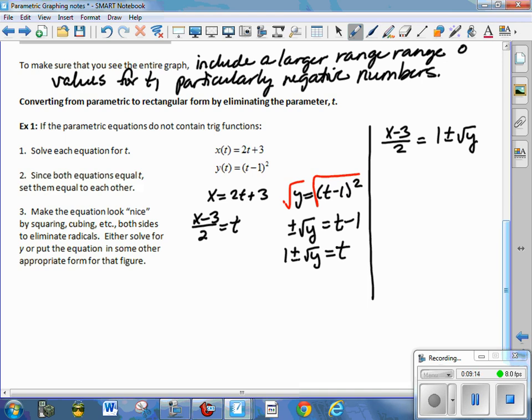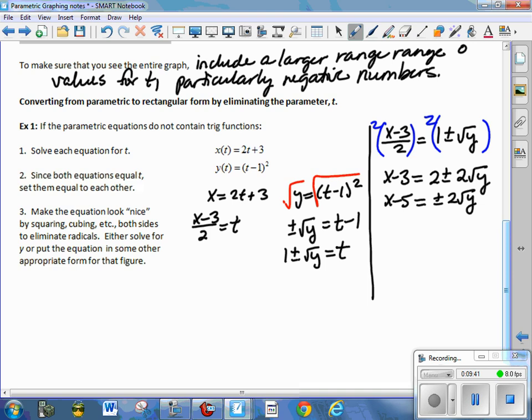The easiest thing to do is get rid of the fraction first, because if I subtract 1 from both sides, then I have kind of a messy looking thing on the left-hand side. So I'm going to multiply both sides of this equation by 2. And when I do that, I get x minus 3 is equal to 2 plus or minus 2 the square root of y. Then I'm going to subtract 2 from both sides. I get x minus 5 is equal to plus or minus 2 the square root of y.